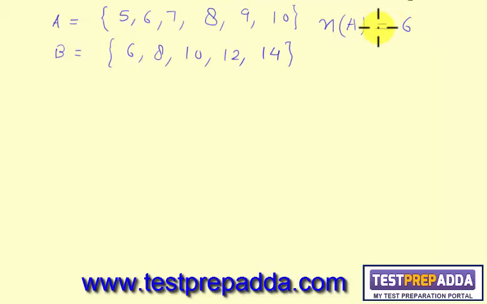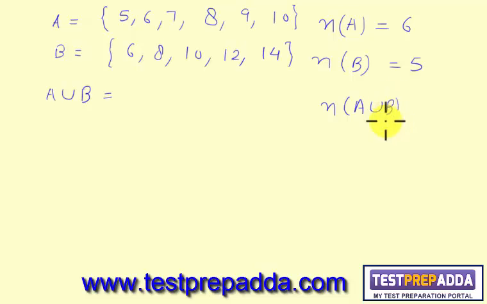Number of elements present in set A is 6. And what is the cardinality of set B? Number of elements present in set B? It is 5. 1, 2, 3, 4, 5. So if I ask you how many elements are there in set A union B, what is the cardinality of set A union B?